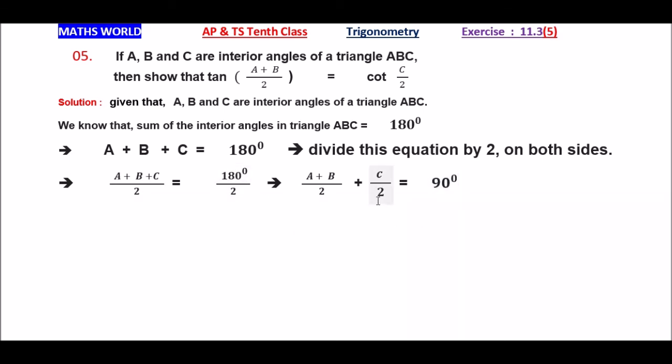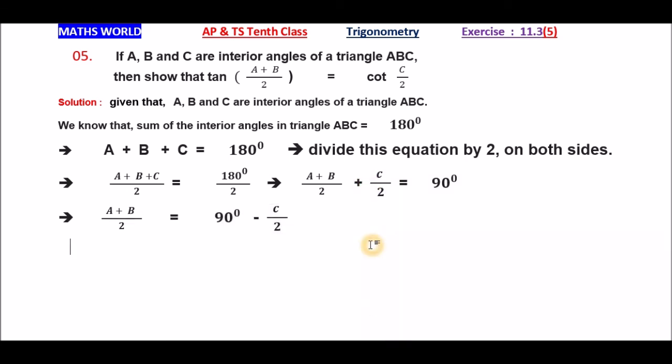Understand? So here plus C/2, I am sending this C/2 to the right side. So plus becomes minus. So that implies (A plus B)/2 is equal to 90 degrees minus C/2.